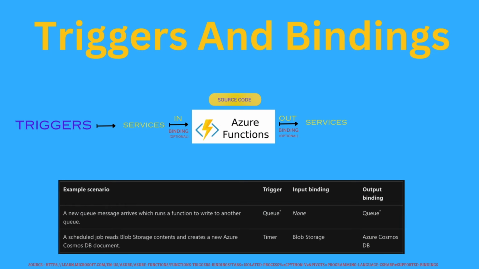Let's take another scenario. I have a scheduler job which reads blob storage content and creates an Azure Cosmos DB document. Blob storage is nothing but a storage in which we can keep any set of files, and an Azure Cosmos DB database is a NoSQL based database where each row is nothing but a document.